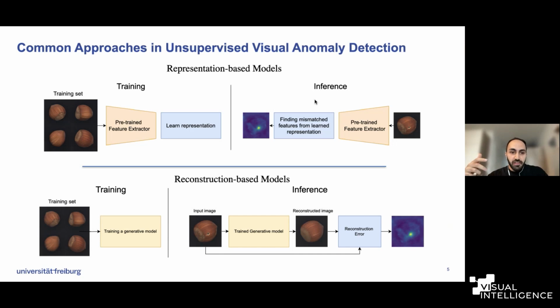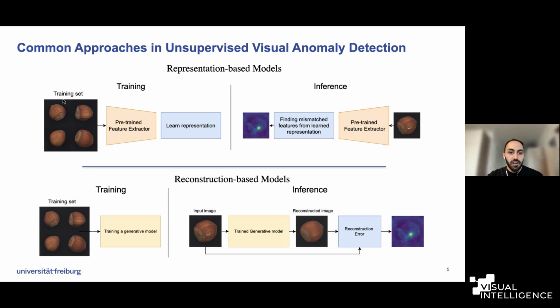As a general picture, representation-based models usually use a pre-trained feature extractor. It could be a ResNet, for example, pre-trained on ImageNet, and we know these pre-trained models are able to extract meaningful features.